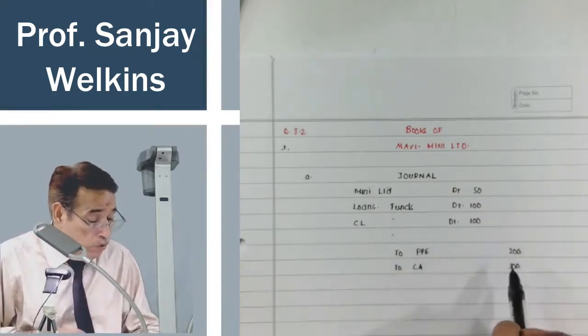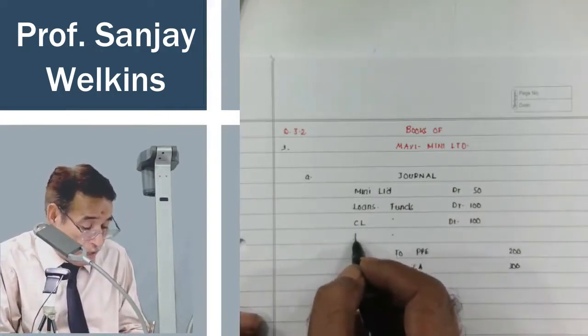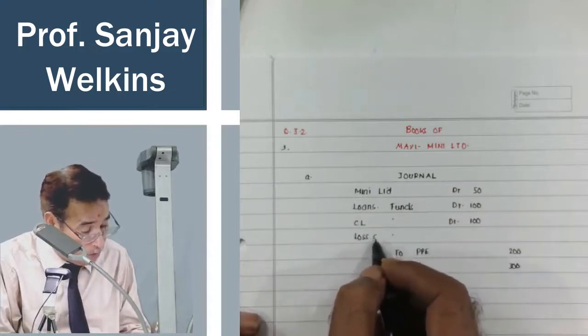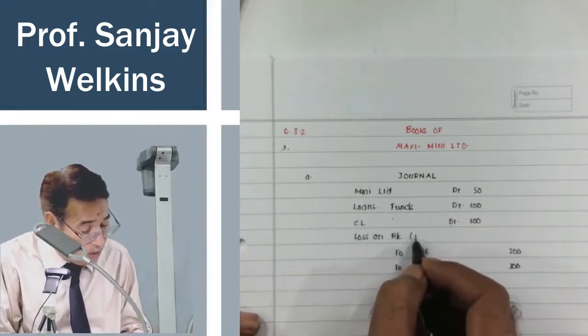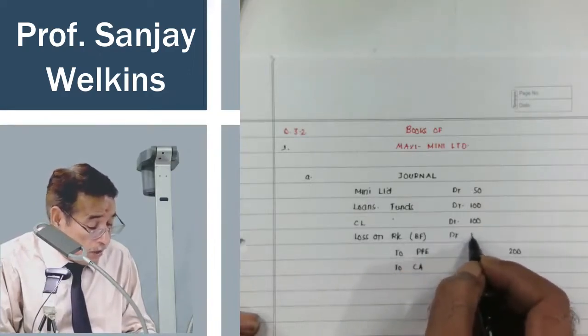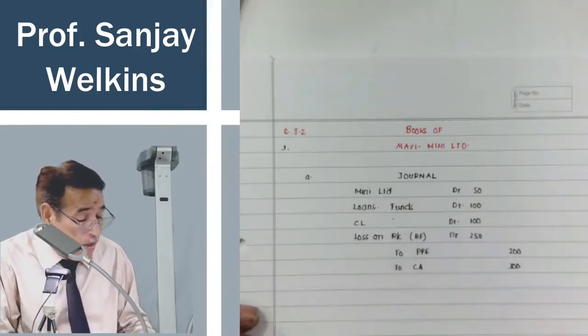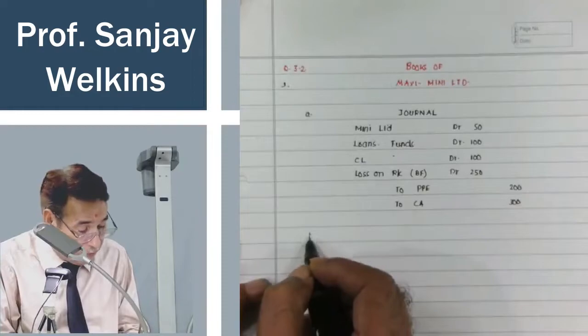So that makes 250 minus 500. So the balancing figure is over here. So I will write here loss on reconstruction account, balancing figure. That is your 250. Because it is a case of loss, the loss must be set off.